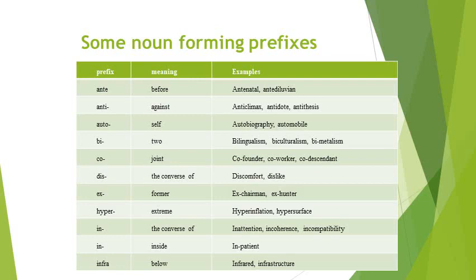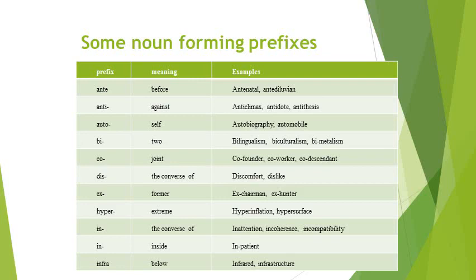Ex means former. You have examples in words like ex-chairman, ex-hunter, ex-president, etc. Another prefix is hyper. It means extreme. You have it occurring in words like hyperinflation, hypersurface. Another prefix is in. It means the converse of or the opposite of.